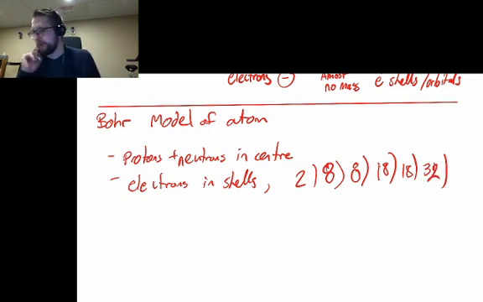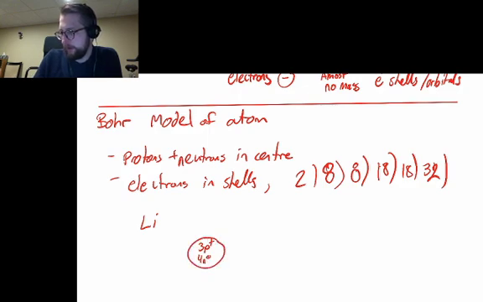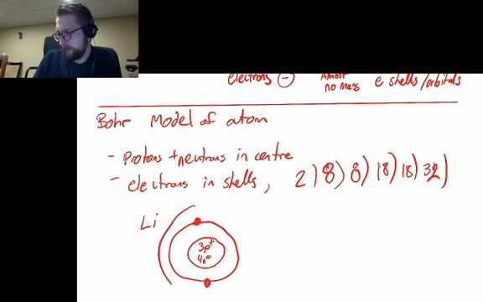Okay, so let's draw out, let's go like lithium. We have 3 protons, 4 neutrons, and then we have a shell. The first shell has 2 electrons. The next shell has 1 more electron.